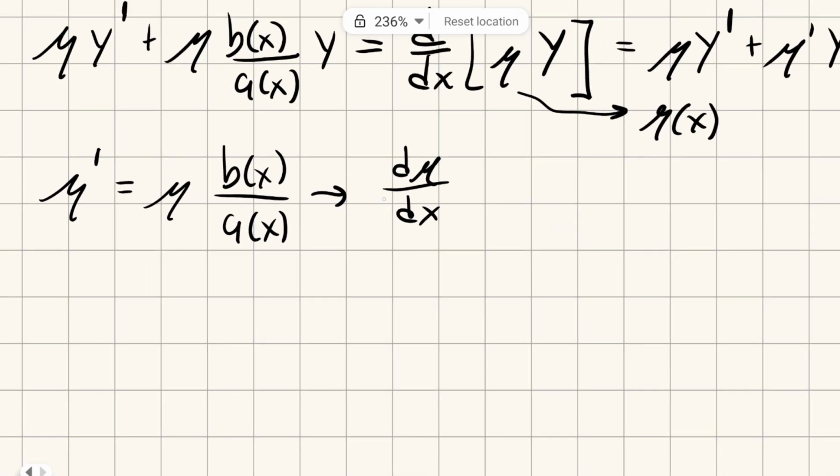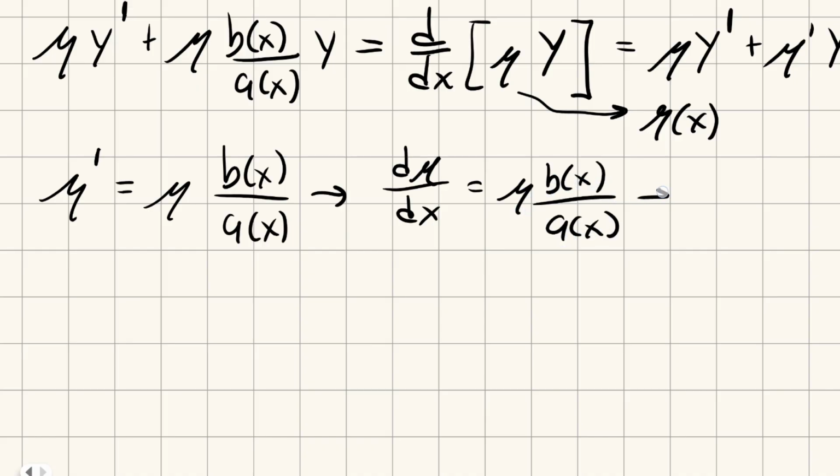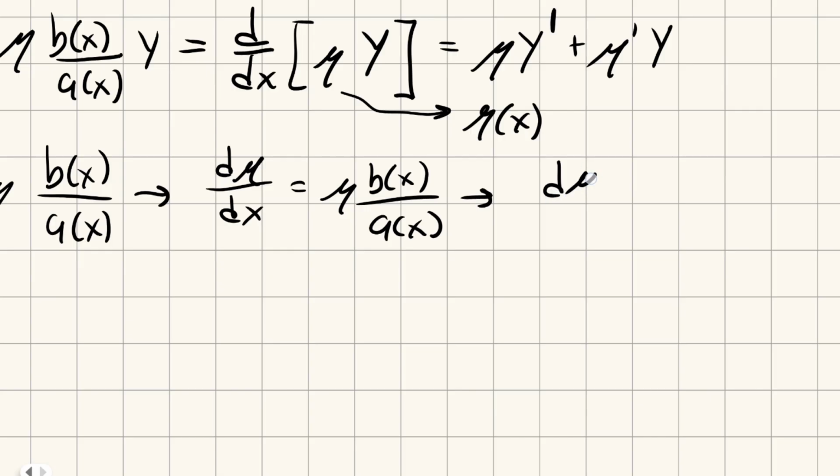So we have that the derivative of mu with respect to x is equal to mu b of x divided by a of x. So we get that d mu divided by mu is equal to b of x divided by a of x dx.